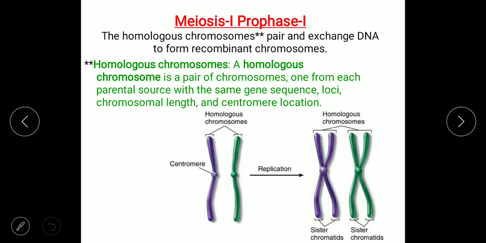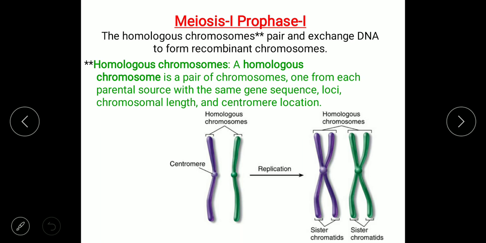Now we will discuss the prophase-I of meiosis-I cell division. Here the homologous chromosomes pair and exchange of DNA takes place between 2 non-sister chromatids to form recombinant chromosomes, that is, chromosomes with new characteristics.